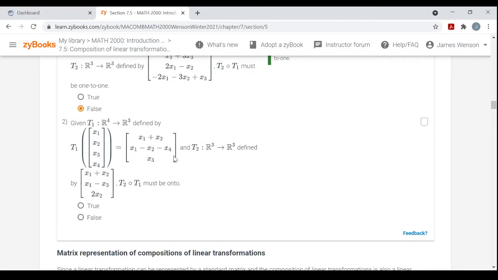There'd be 4 column vectors, but 3 of those would be independent. Trust me, you can check by putting it in reduced echelon form. So R3 would be spanned. T1 is onto. T2 from R3 to R3, you'd have 1, 1, 0, 1, 0, 2, 0, negative 1, 0. I'm pretty sure this would be onto as well. Again, you could put the matrix representation into echelon form. I'd say true for this one. Both of them are onto, so their composition must be onto as well.